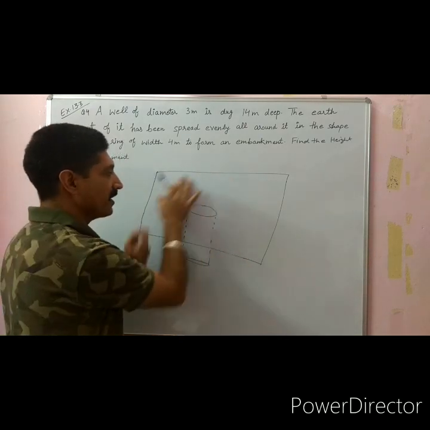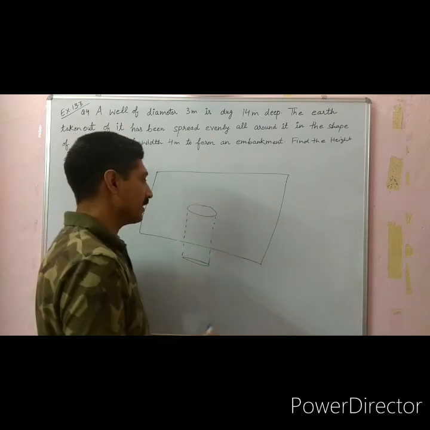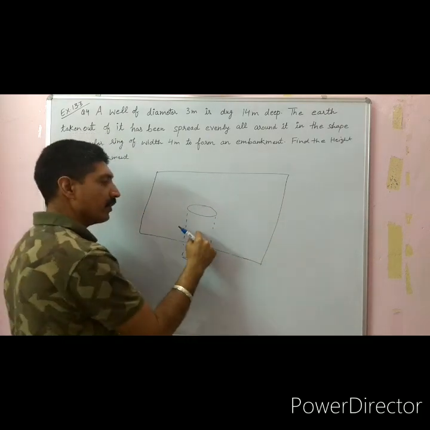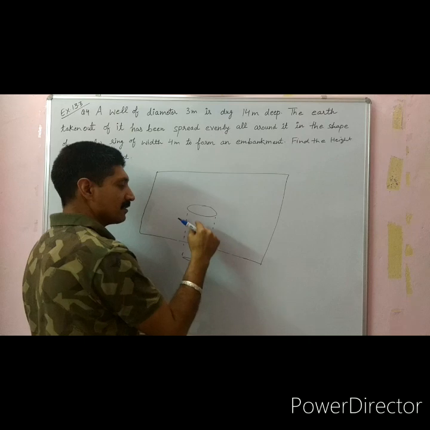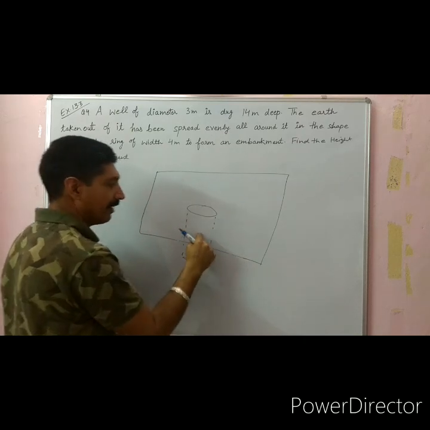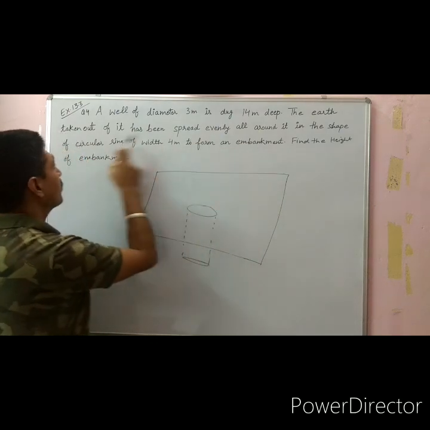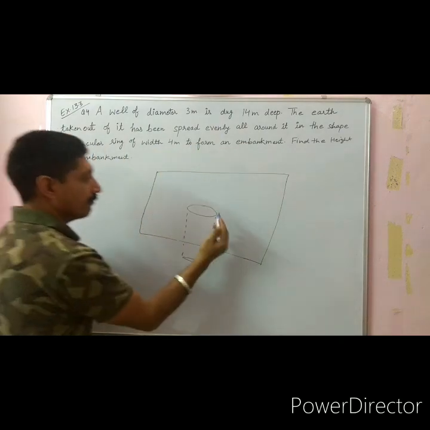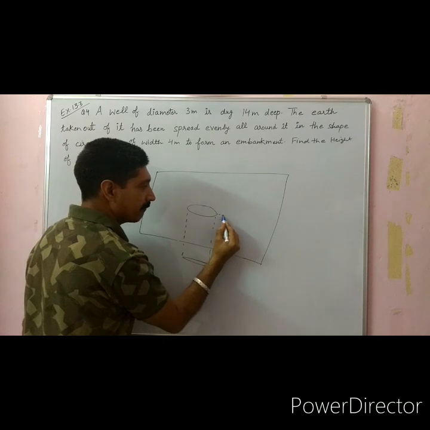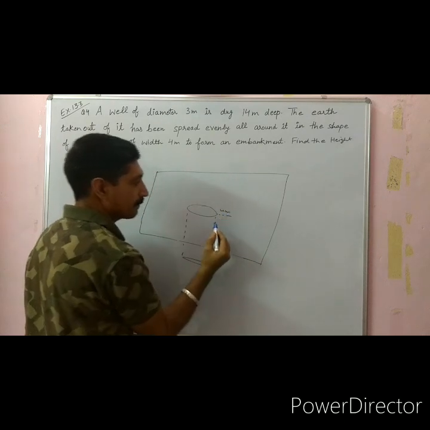Now this whole surface is the field, a plane surface. What we are doing is taking the earth from the well and putting it outside. From this point we take a width of 4 meter outside.